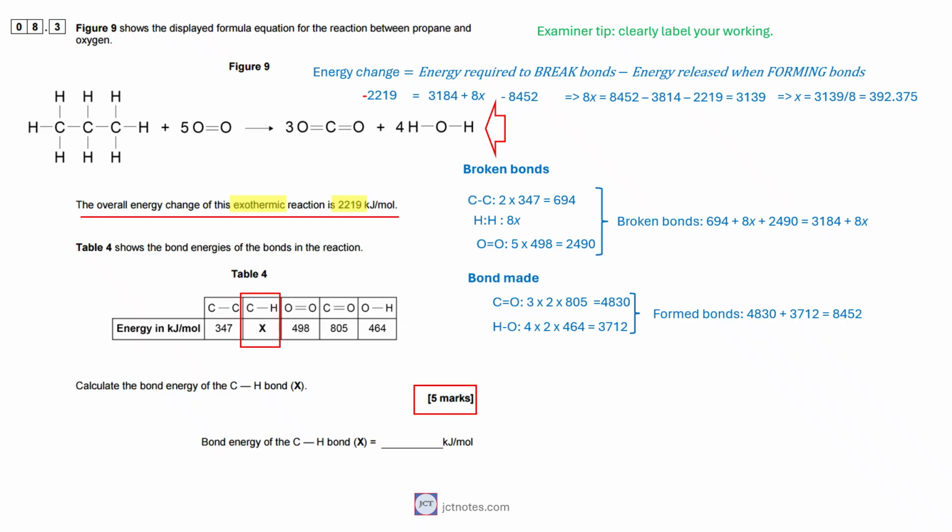Finally, to get x by itself, divide 3,139 by 8. This gives us 392.375. The mark scheme accepts this full value, or rounded to at least 3 significant figures, which is 392 kilojoules per mole. Write that down on the answer line to score a perfect 5 out of 5 marks.